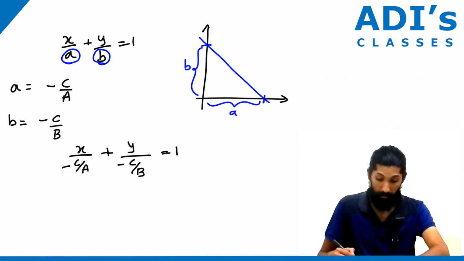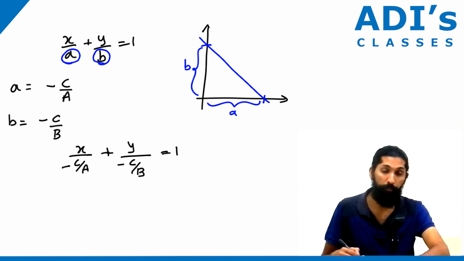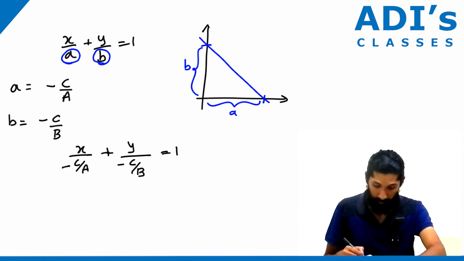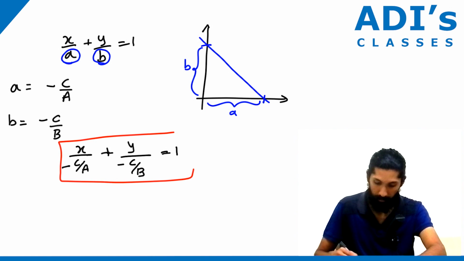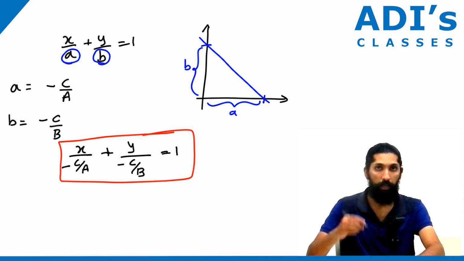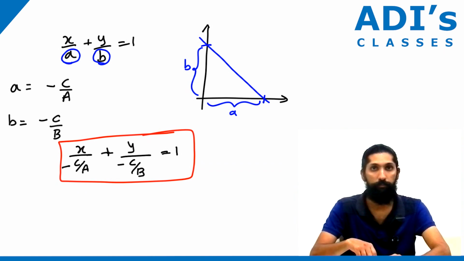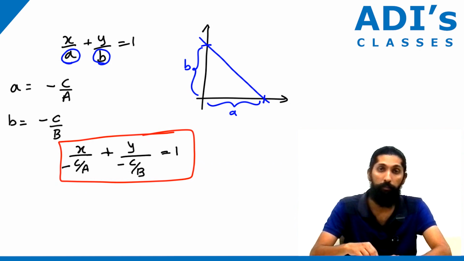Clear? Guys, you don't have to take A up, B up. You will pretty much end up with AX plus BY plus C is equal to 0 again. Makes no sense. This gives us the intercept form of a line with the help of A, B, and C being the coefficients.